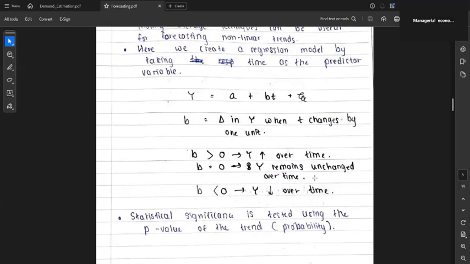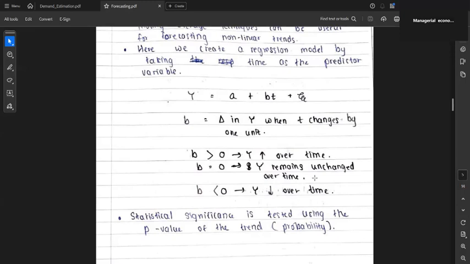So if B is greater than 0, the dependent variable increases over time. If we take the dependent variable as the quantity of demand, quantity of demand increases over time.